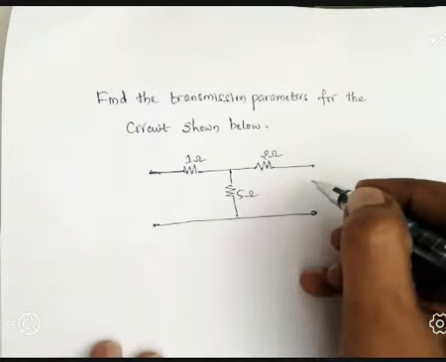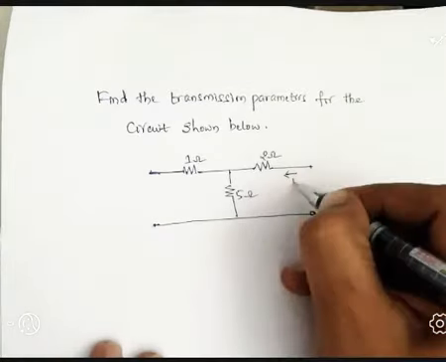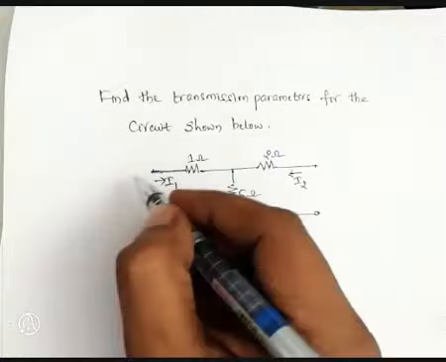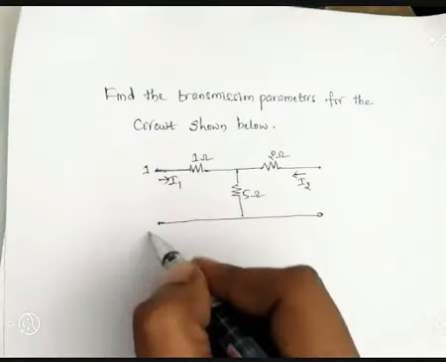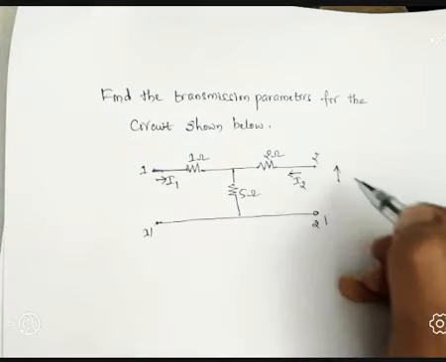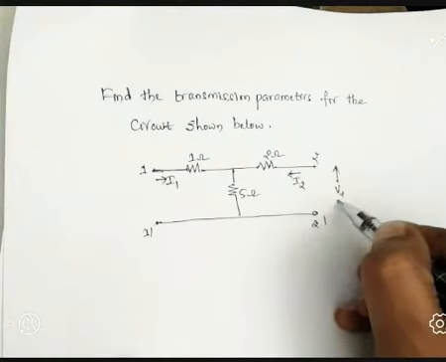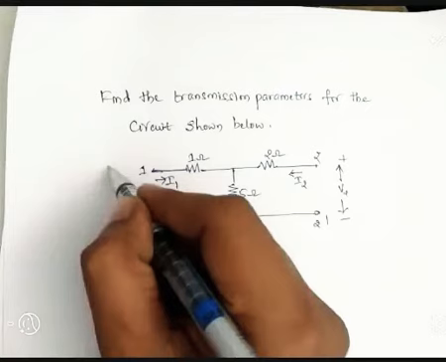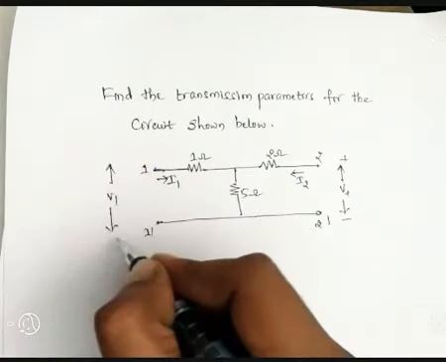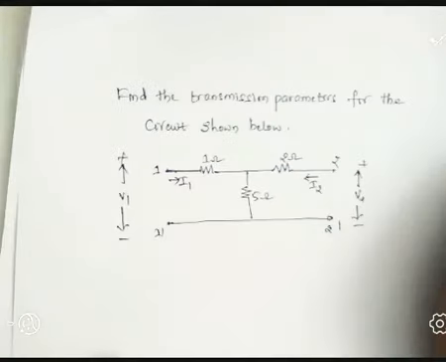In the network, the direction of the current is given like this. Generally, the currents I1 and I2 are entering towards the port. So this is port 1, this is port 2.